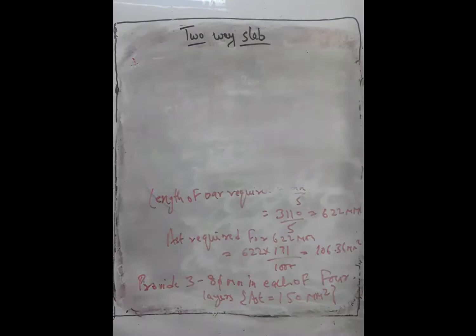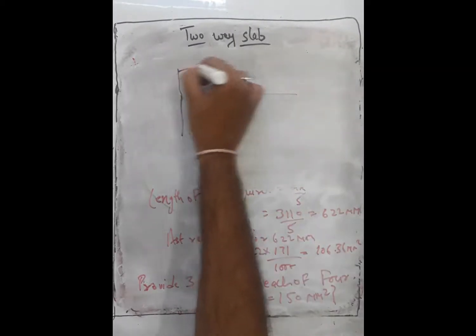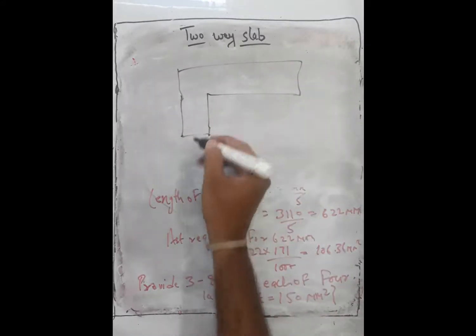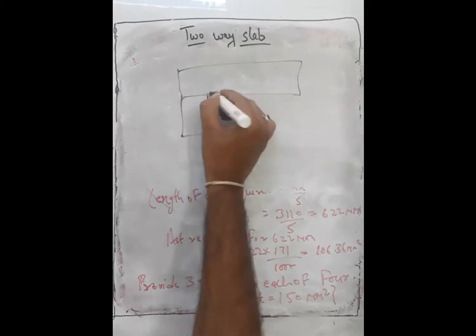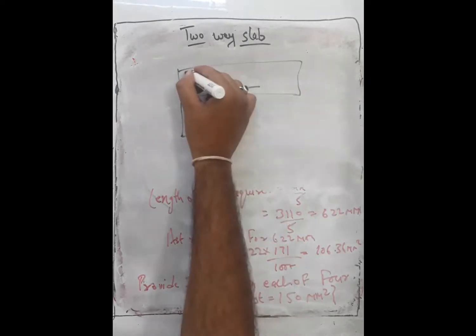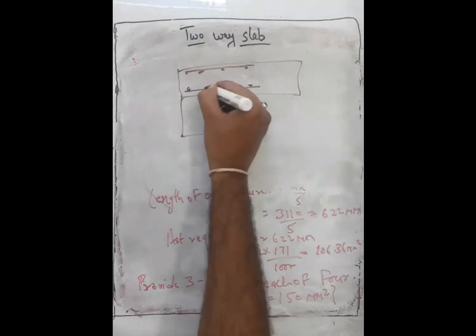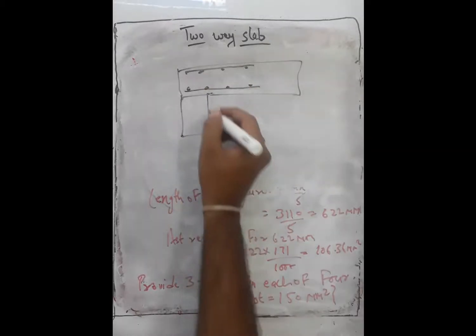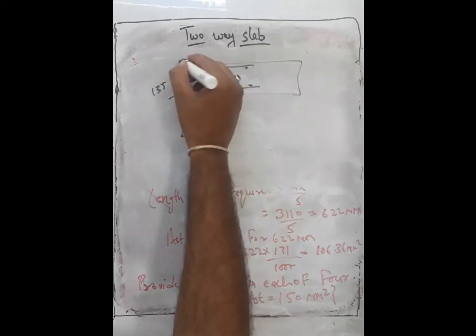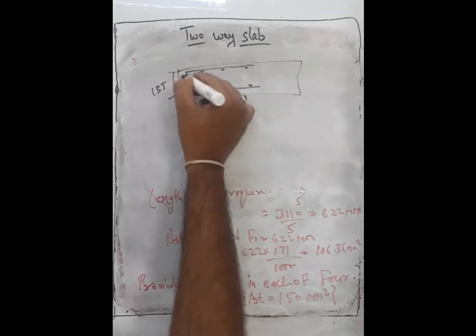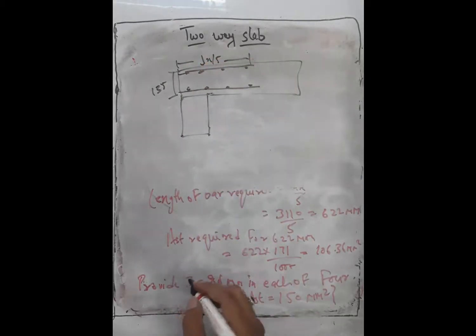So we have to provide torsion reinforcement at the corner. Okay, so in this way we provide the torsion reinforcement at the corner, and this is the overall depth 135, and this is the Lx by 5 distance.